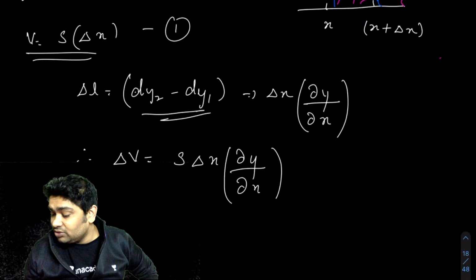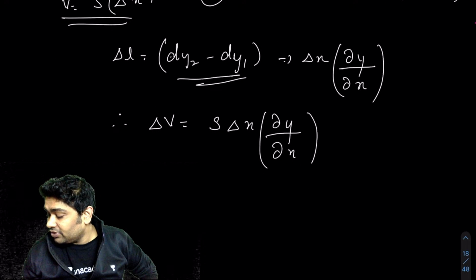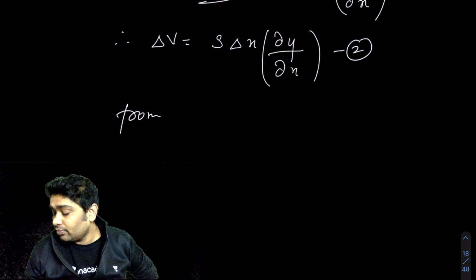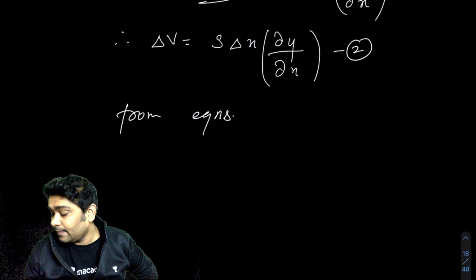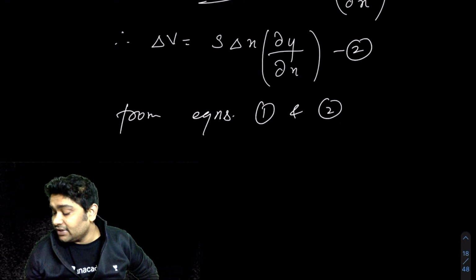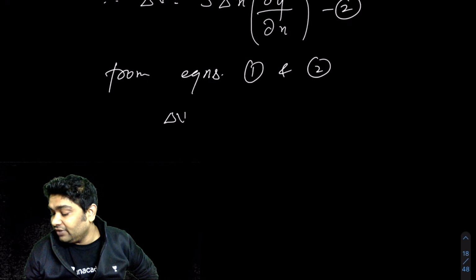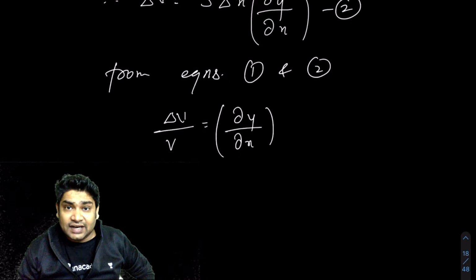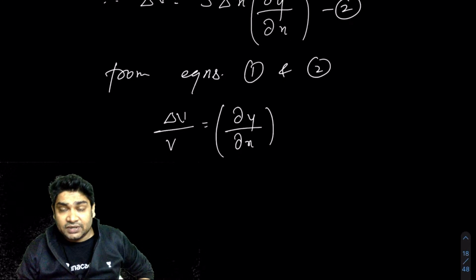From equations 1 and 2, what I can say is that delta V by V equals del y over del x. Once I divide these two, this is the expression that I get.